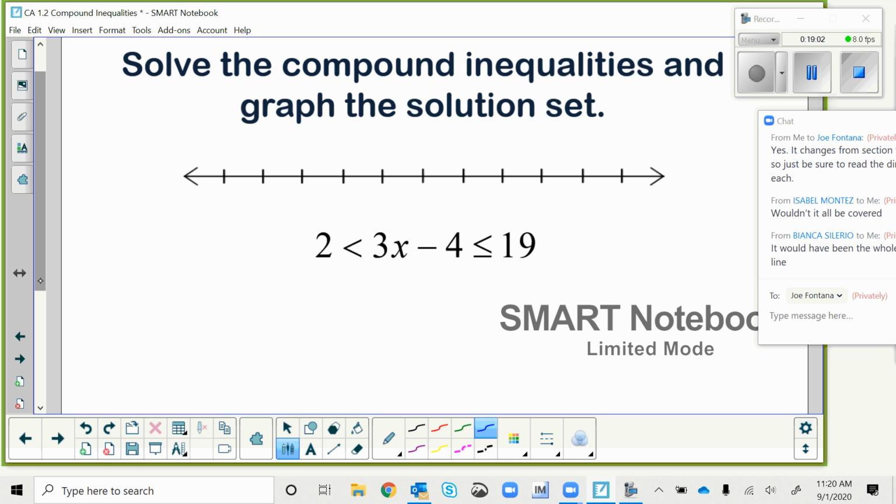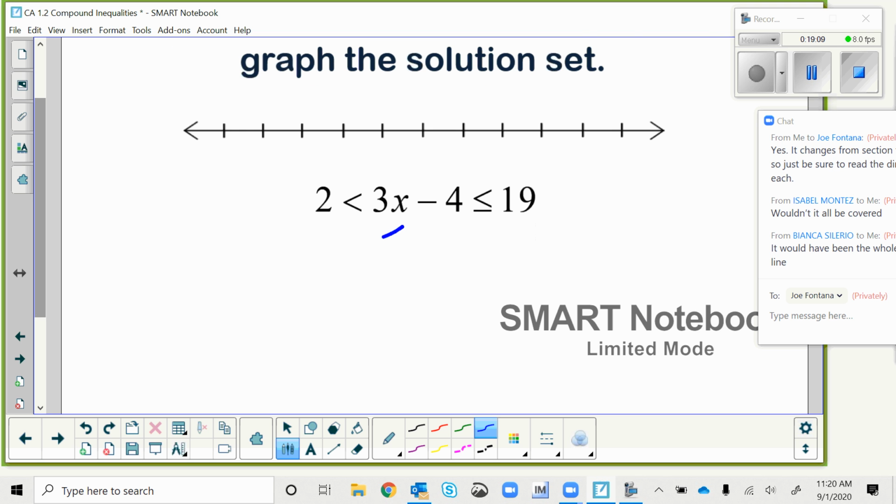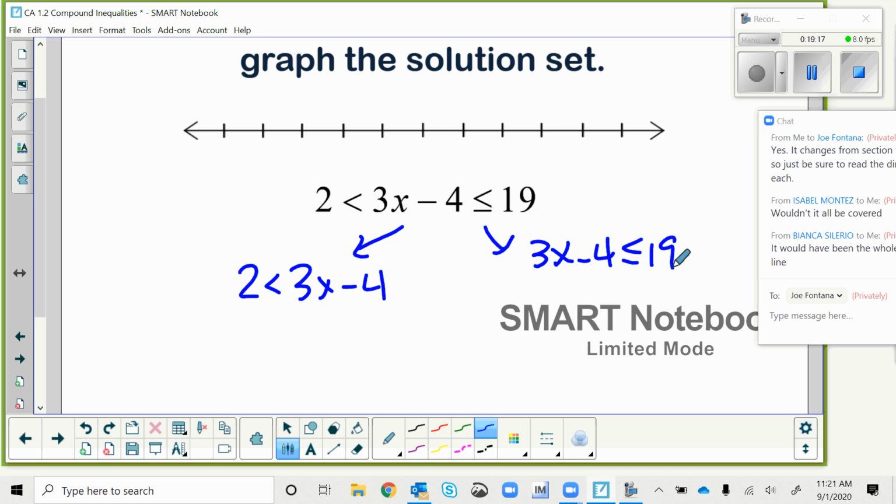You see there's two inequality symbols. So it's like two separate inequalities. It's like this one is one, and this one is one. 2 less than 3x minus 4 is one section, and then 3x minus 4 less than or equal to 19 is the other section.